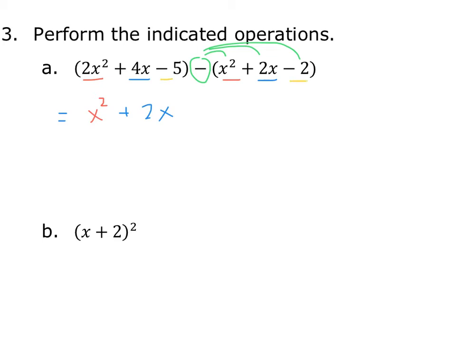So we have minus a negative 2, so that's plus 2. So negative 5 plus 2 is negative 3. So our resulting polynomial is x squared plus 2x minus 3. And that's it. We have subtracted these two polynomials, and that is our final result.